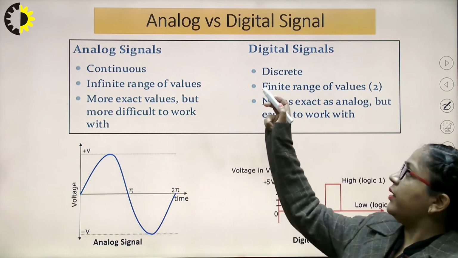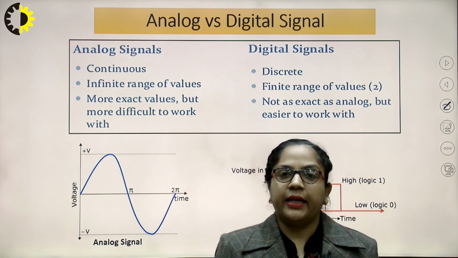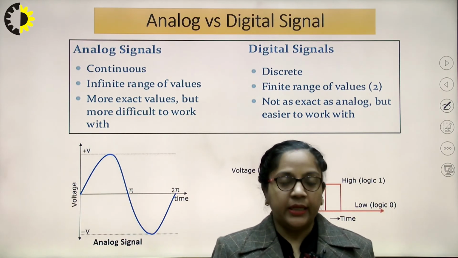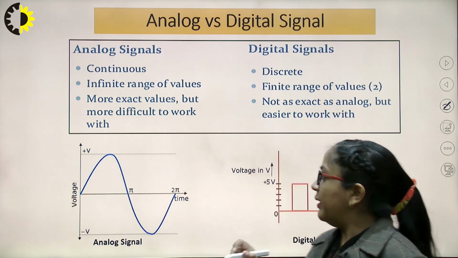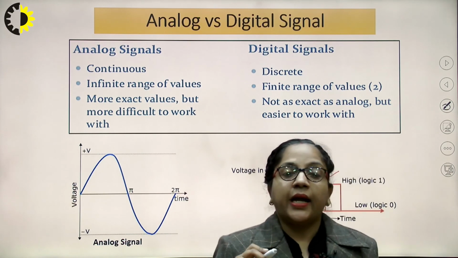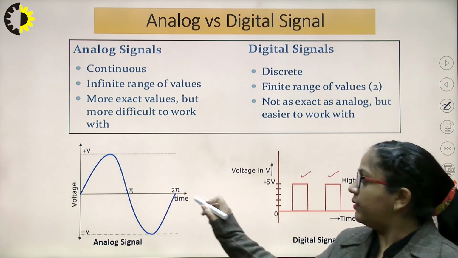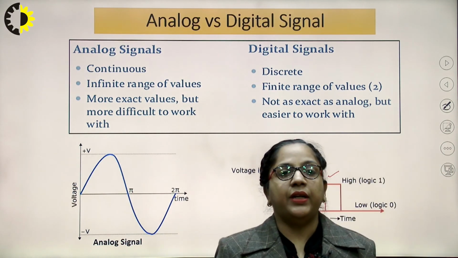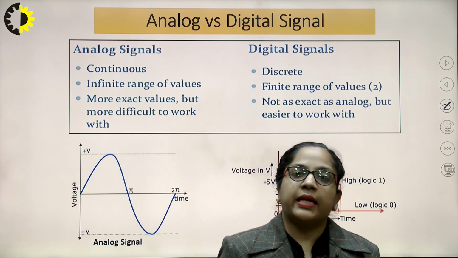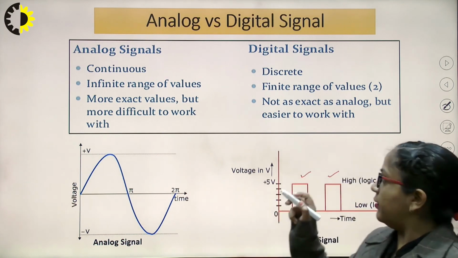Also, we can differentiate between analog signal and digital signals. Like I have said, analog signal will be continuous in form, while the digital signal will be discrete in nature. Analog signal can take any value in the given time duration, it will have infinite range of values, while the digital signals can take limited values in the given time range.